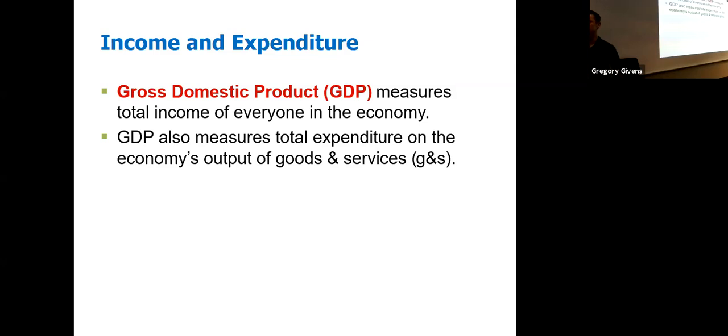How is it that GDP, this one distinct economic concept, can possibly represent two different things at the same time, right? Income is one thing. That's what you get for your hours that you work, right? Expenditure is something else. That's what you're paying for actual goods and services that you're consuming. How is it that GDP can measure both income and the economy's total expenditures simultaneously?